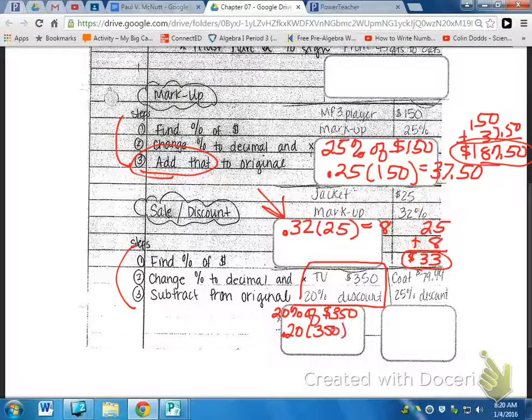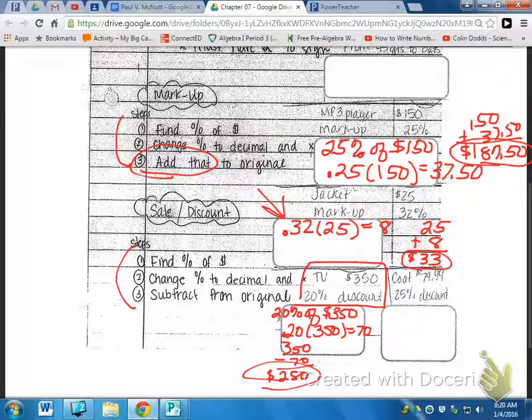Okay, so 0.2 times 350. And that would be 70. So now what am I going to do? Subtract 70 from 350. 350 minus 70. Do you know what that would be? 280. $280 it would be on sale. That's good. That's a good discount.